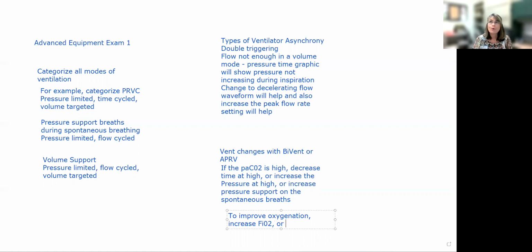So how do you trap more air? How about decrease the time at low pressure? So if you decrease the time at low pressure, you're going to trap more air and oxygenation is going to improve. Okay.